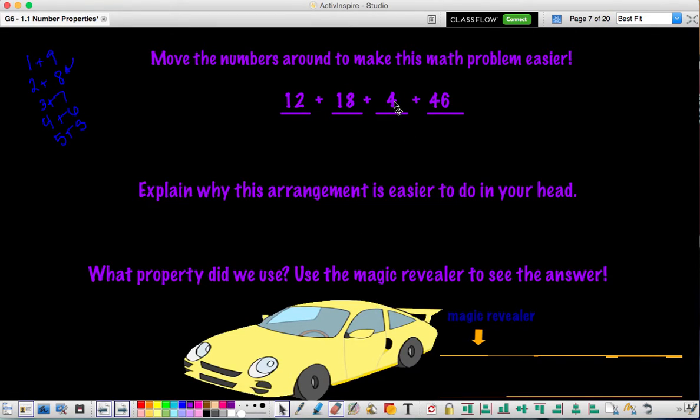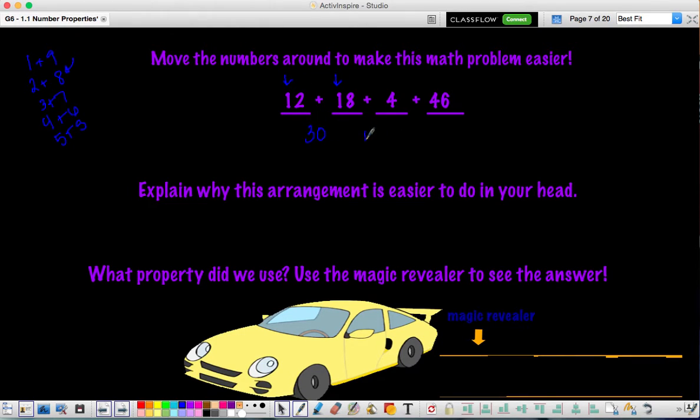Now here I've also put the 4, which is in the ones place, next to a number that has a 6 in the ones place, and 4 and 6 easily get me to 10. So this makes it easier to do in my head because now 2 plus 8 is 10, and then I have 10, and then another 10, which is 20, and another 10, which is 30.